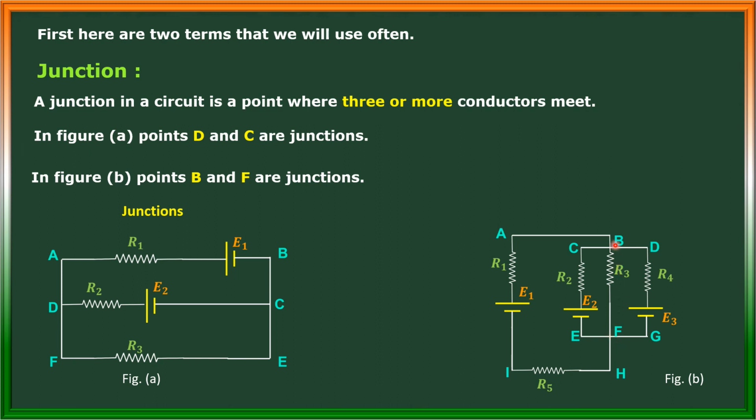That's why B and F are junctions, and the remaining points are not junctions, because at those points only two conductors are joining. So B and F are junctions in this circuit.